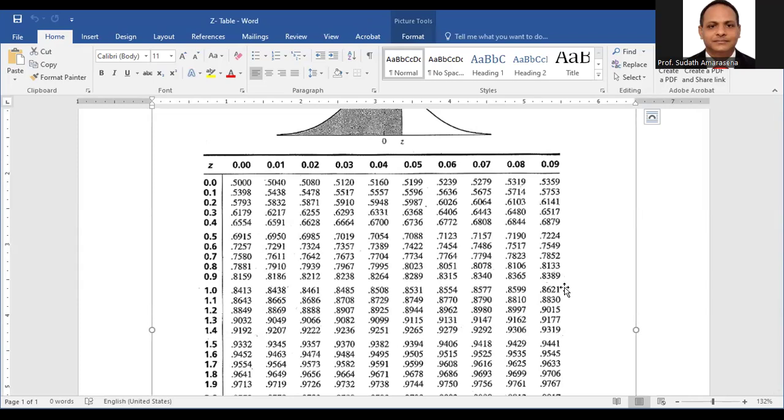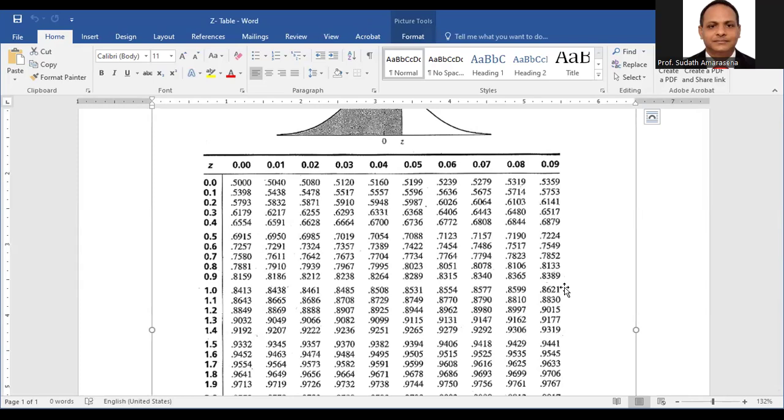Just go to the Z column, select 1.0, the maximum value from the Z column. We require another 0.09, so go to the last column. At the intercepting point of 1.0 and 0.09, the value is 0.8621.